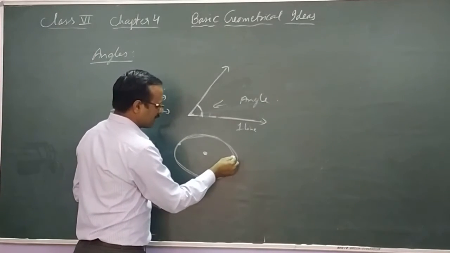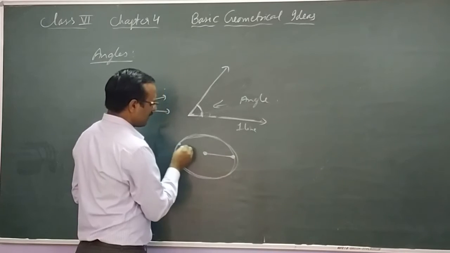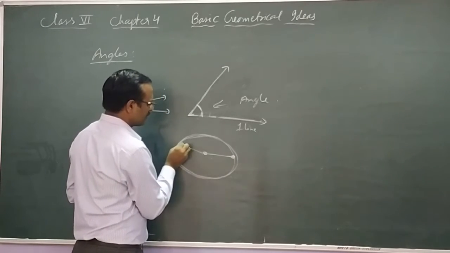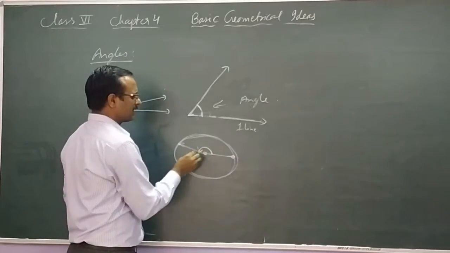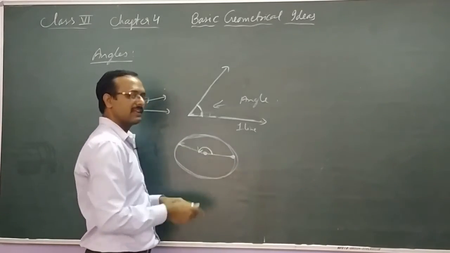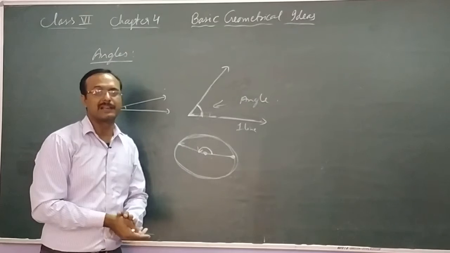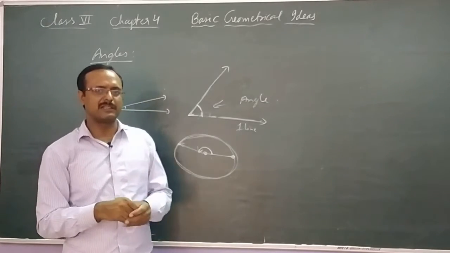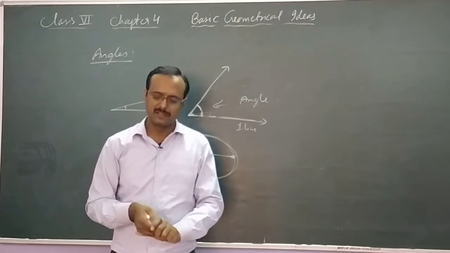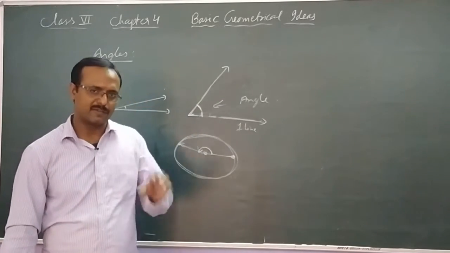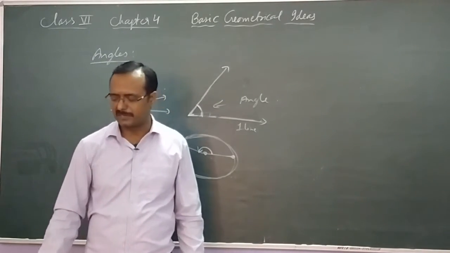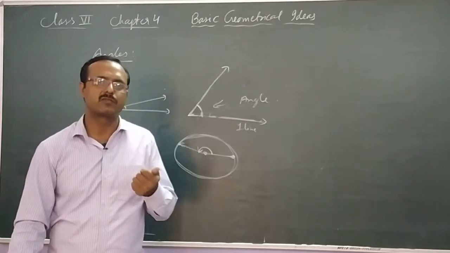So the starting point was this and the end point is this one. You can now check how much you have rotated the disc by measuring the angle, and the angle is measured in a unit called degree. This is measured by a protractor, or it is also measured by a circular protractor.